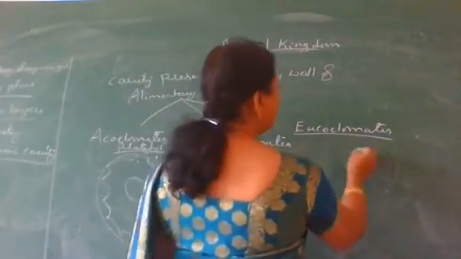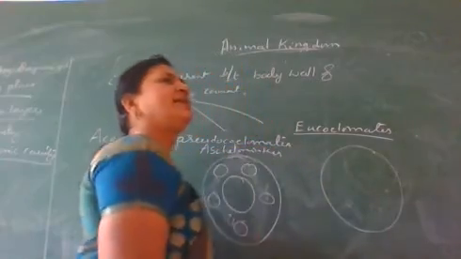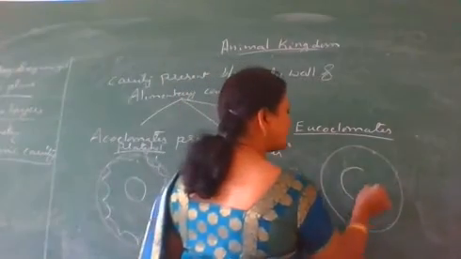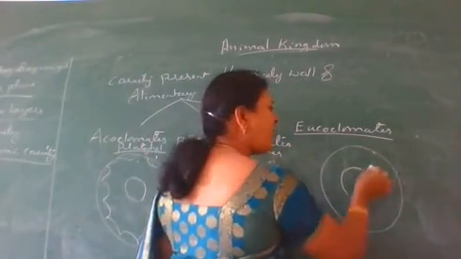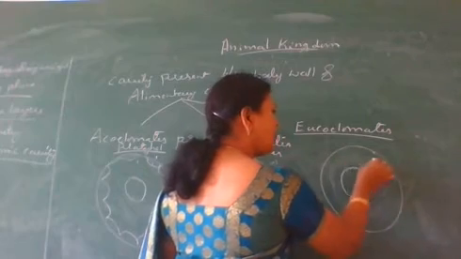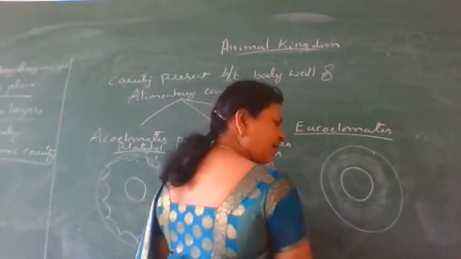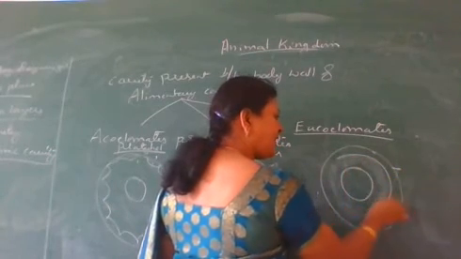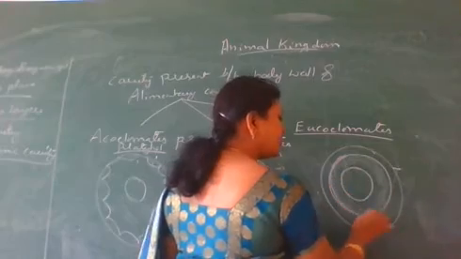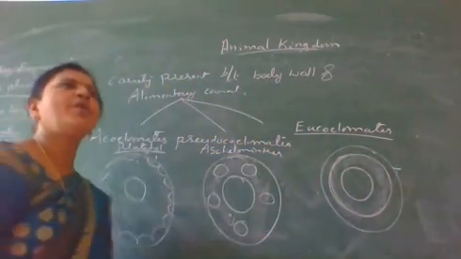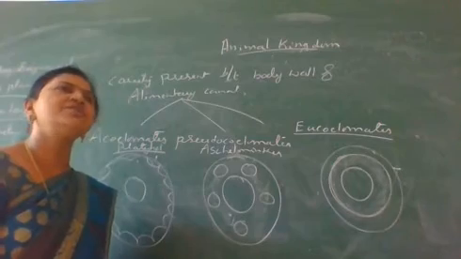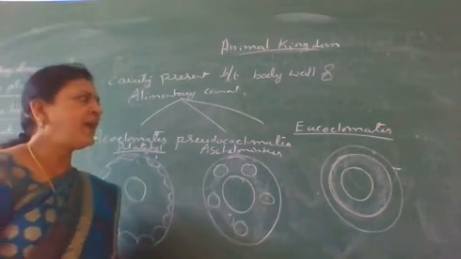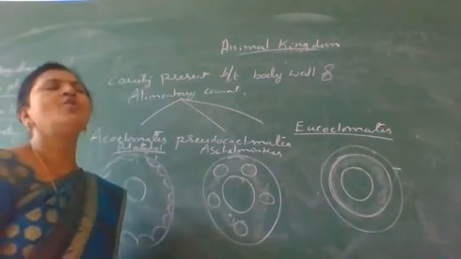Next, what are eucoelomates? Eu means definite, true, distinct. Eucoelomates are those animals having a coelomic cavity, that is, a body cavity between the body wall and alimentary canal, and it is lined by mesoderm. That is called a true coelomic cavity.